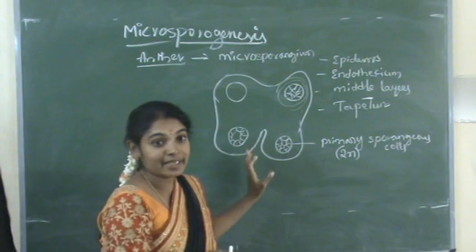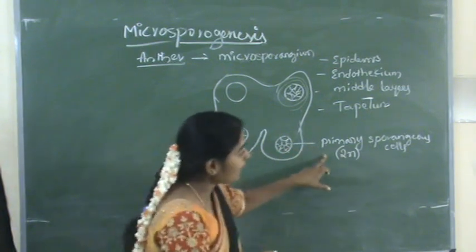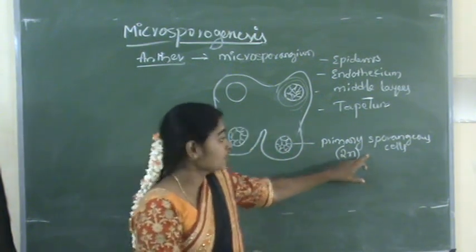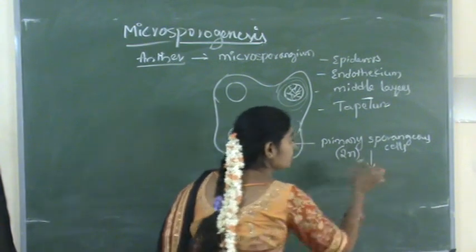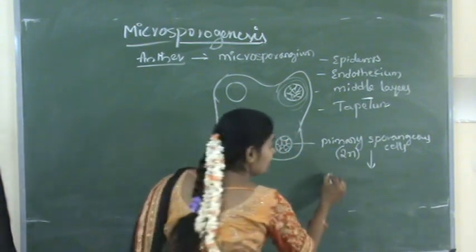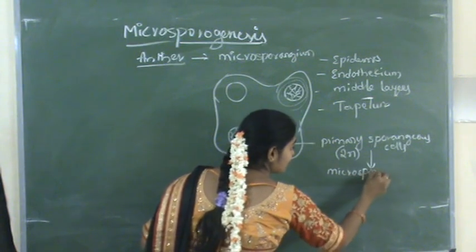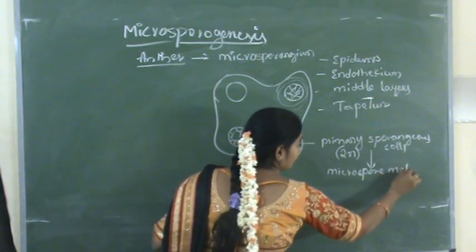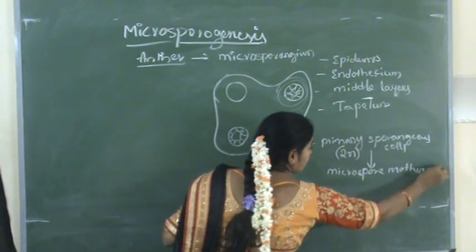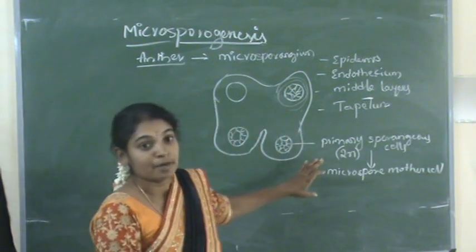When the anther matures, these primary sporangious cells develop into microspore mother cells.